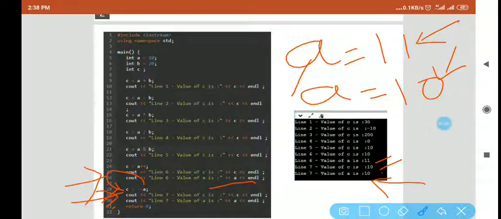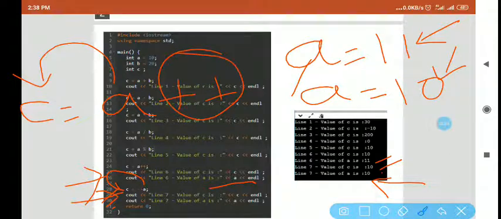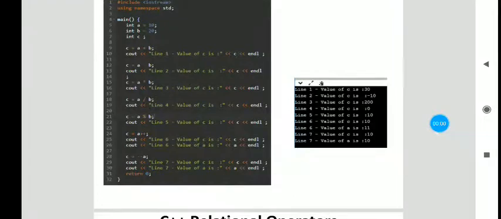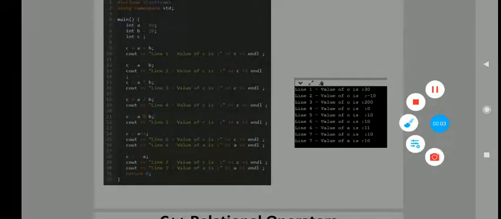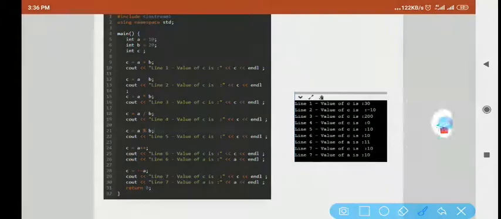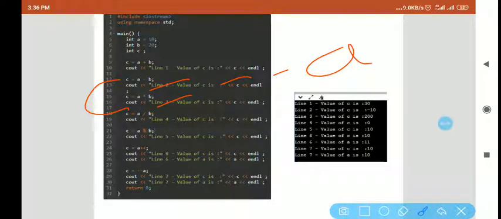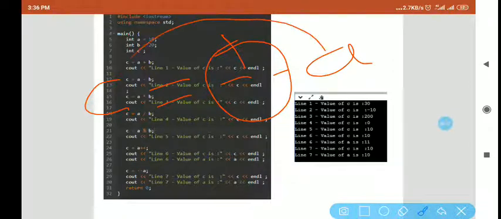In short, in post increment, first the value is stored and then the operation takes place. In pre decrement, take an example, suppose c equal to minus minus a. In pre decrement, first the decrement operation takes place, and then the value of a is transferred.